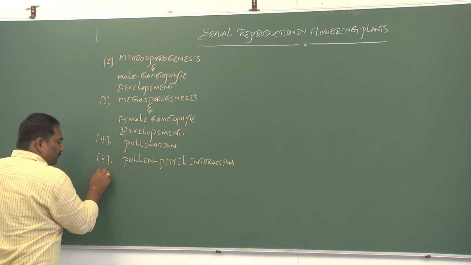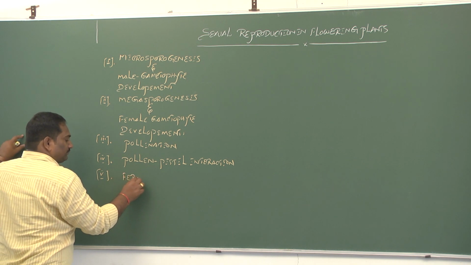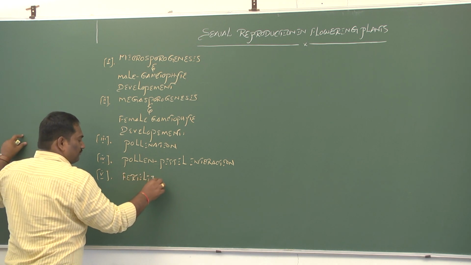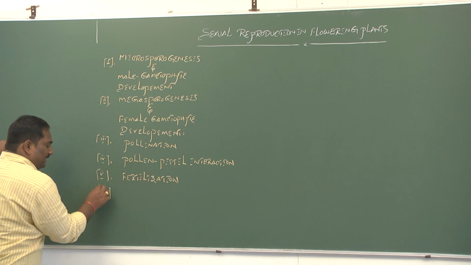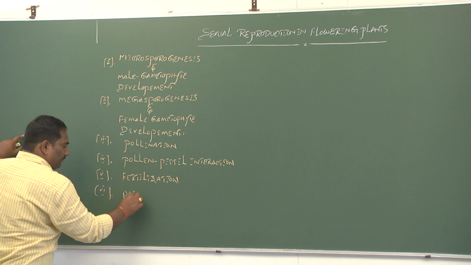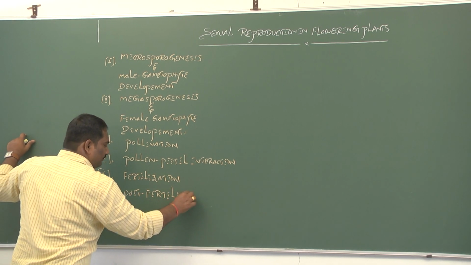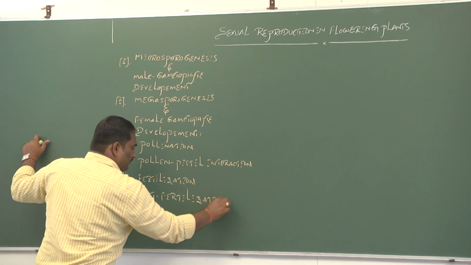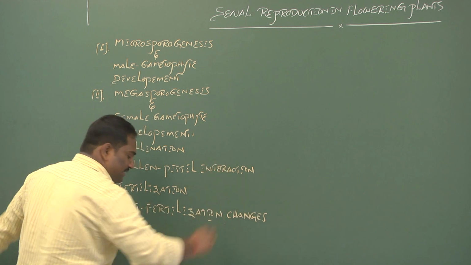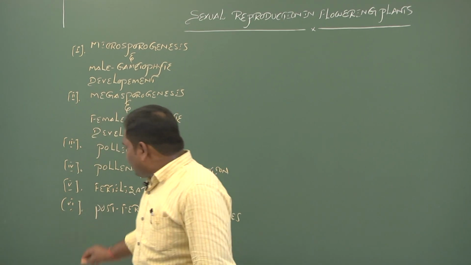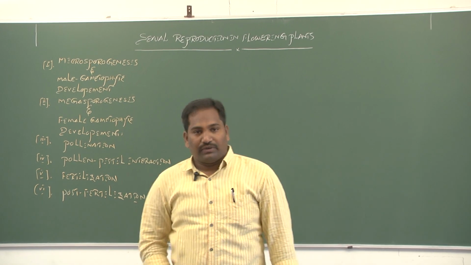The fifth subtopic is fertilization, and the sixth subtopic is post-fertilization changes. So these are the total 6 subtopics under sexual reproduction in flowering plants.